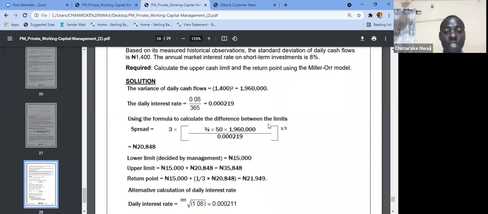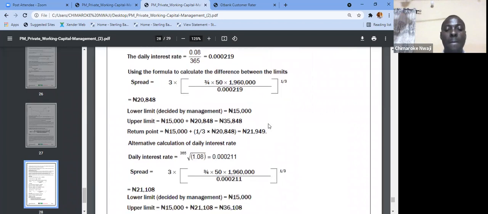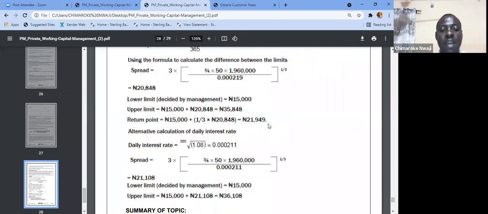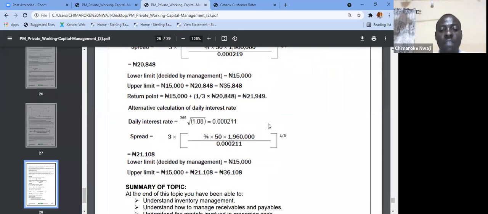So if you minus it from 35,843, it still gives you the same thing, 21,949. So that's the story about your upper cash and your lower cash limit.